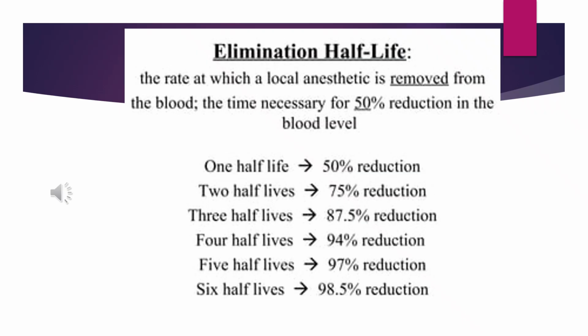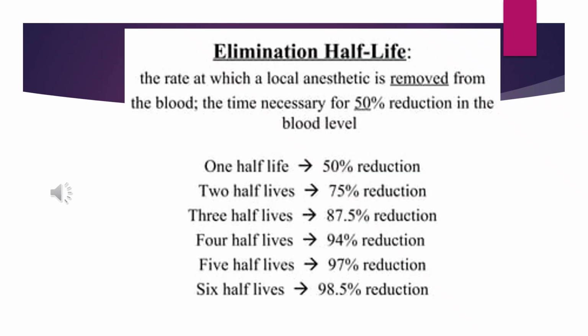In the first half-life, 50% of the drug will be eliminated from the body. Then 50% is left. In the second half-life, 50% of this 50% will be eliminated. Then we have 25% left. Then in the third half-life, 50% of this 25% will be eliminated, which leaves 12.5%.